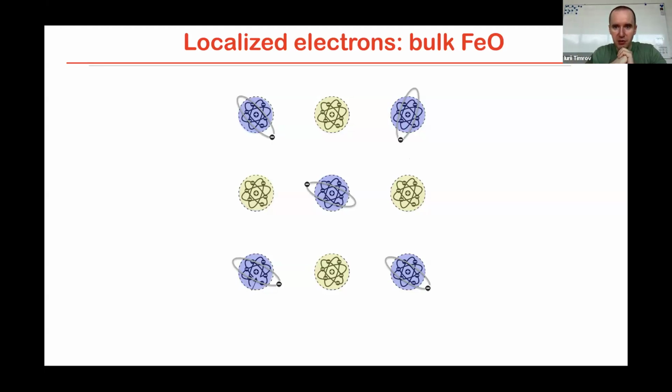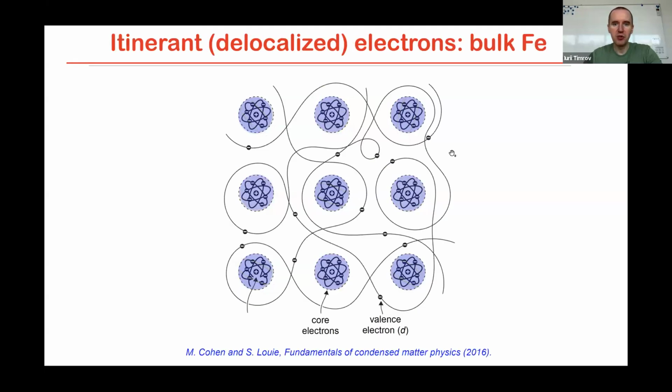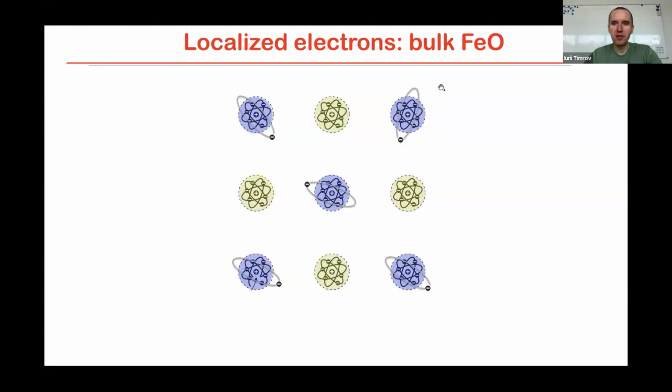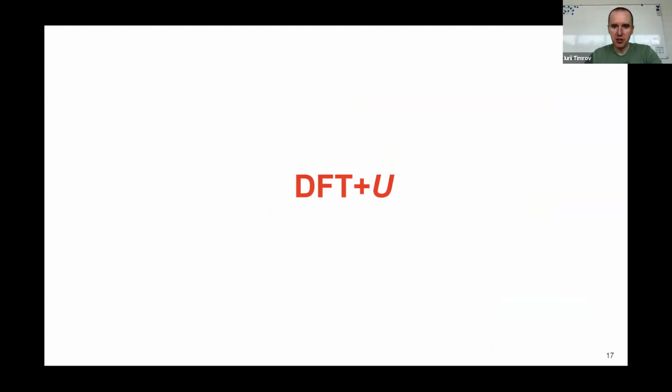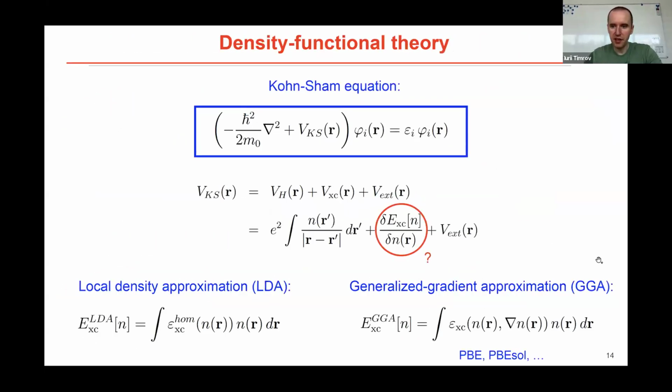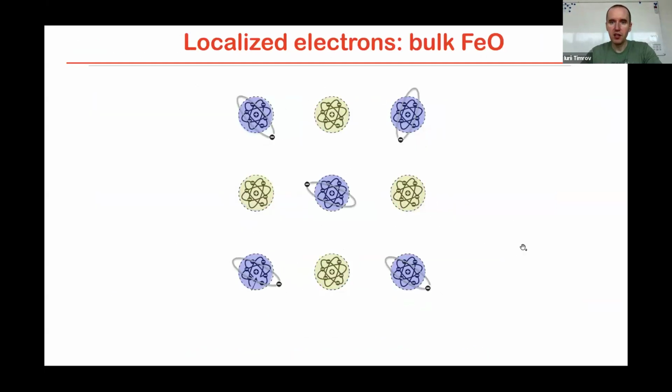So basically the plus U correction applied to D electrons allows you to localize them. When we apply plus U, we localize electrons, because if you don't apply it, they will be delocalized. As a consequence, you will find the same metallic solution, which is not correct. If you perform a DFT calculation for iron oxide without Hubbard U, using just LDA or GGA, you will get a metallic solution, which is not correct because of self-interaction errors.